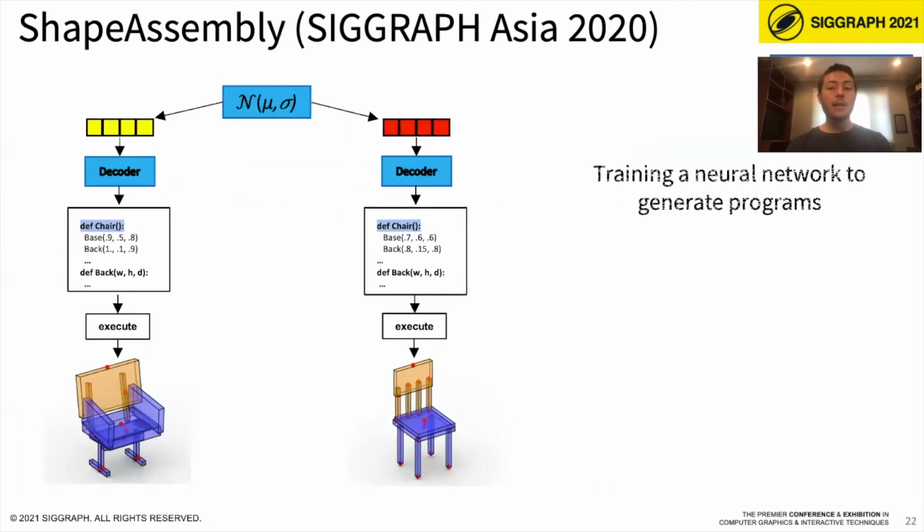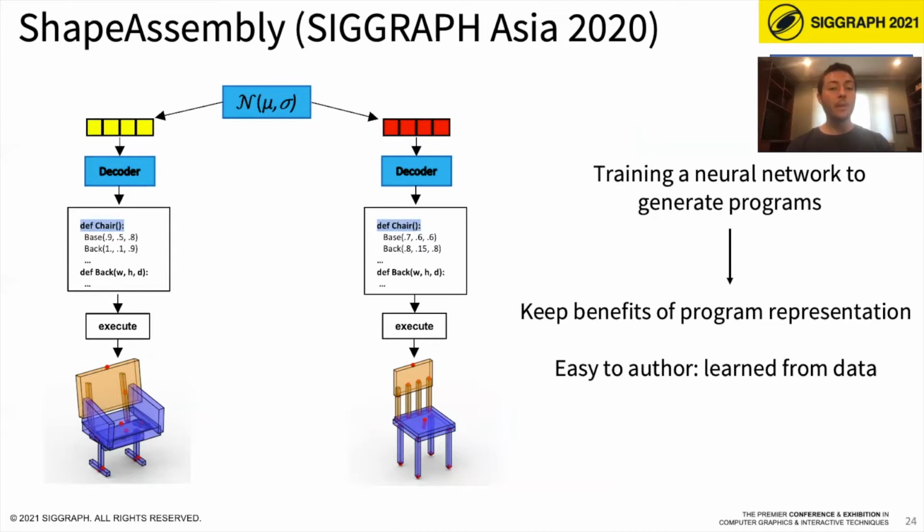ShapeAssembly demonstrated that deep generative models could be trained to write 3D shape programs. This paradigm maintains the benefits of shape programs as a representational form, but the limitations are mitigated as programs can be automatically authored, and the outputs can contain a high degree of variability by exploring the latent space of a learned model.